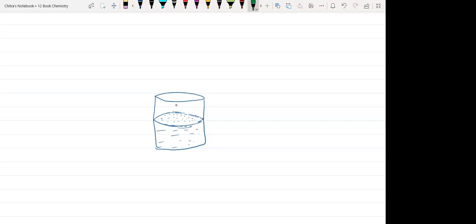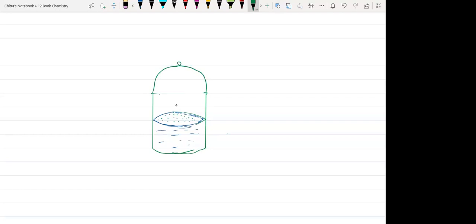And I have covered that container completely. Let me draw a little neater diagram.